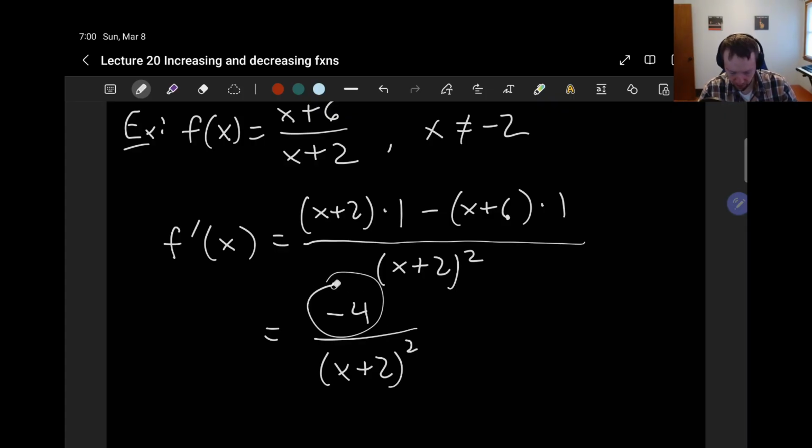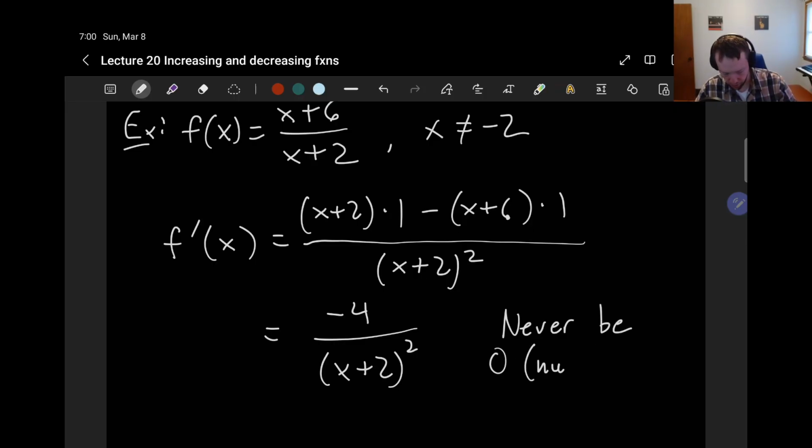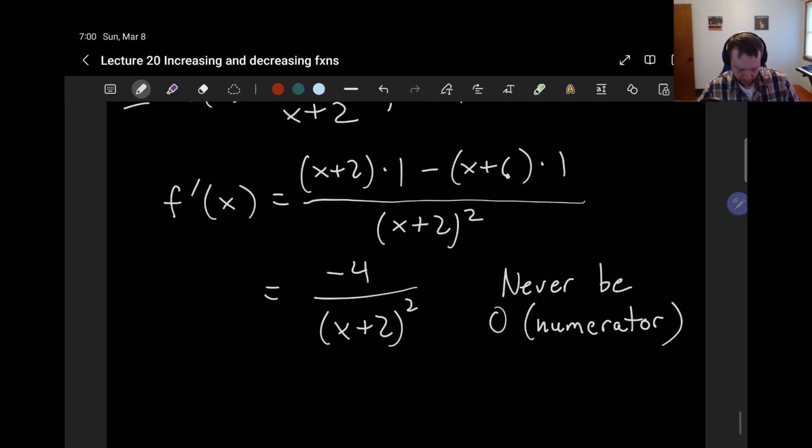Well, that'll never be 0. It's just -4. So it's only 0 when the numerator is 0, and we'll never get that kind of critical number.